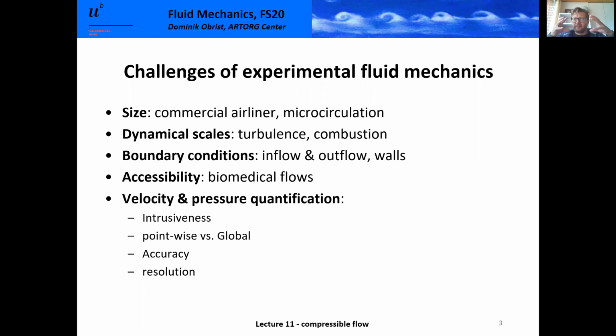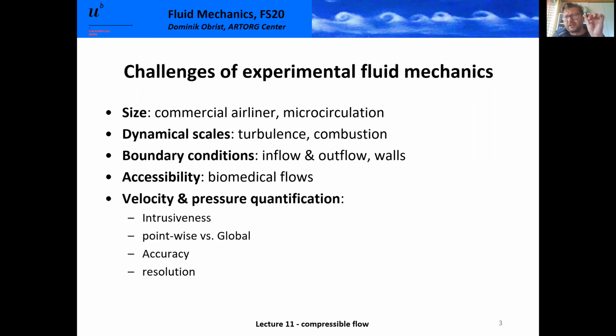If you come in with a large device to measure your flow velocity, and that device is even larger than the object you want to study, you might just disturb the whole flow in the sense that your measurement is nonsense. Then we will see later on that many measurement devices are just point-wise measurement devices.